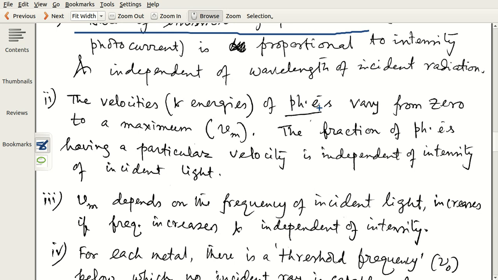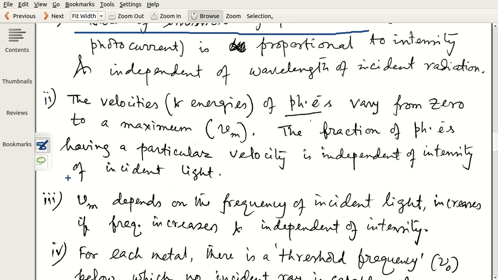But if you do not use the stopping potential, instead you change the lambda, then the photoelectrons will have certain velocity. So the velocities of photoelectrons vary from 0 to a maximum.